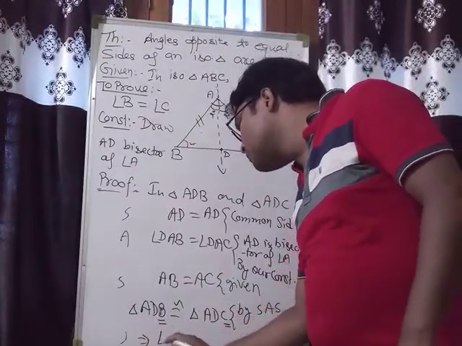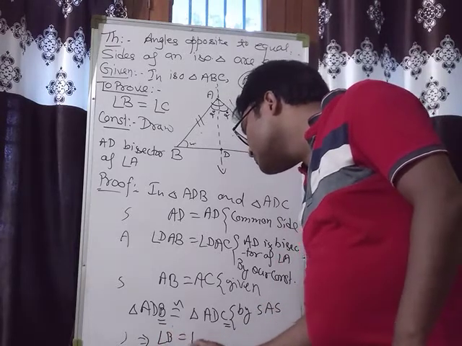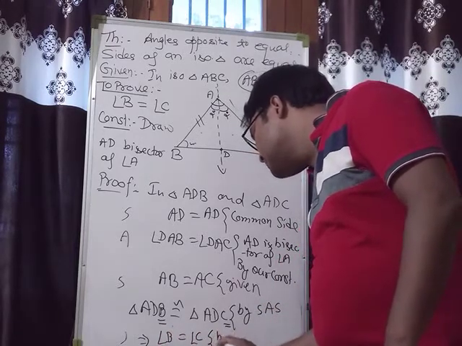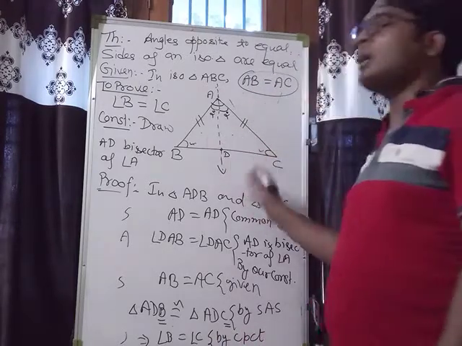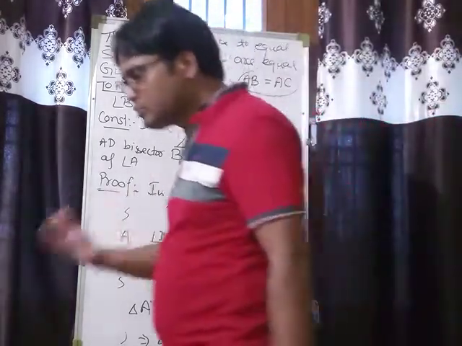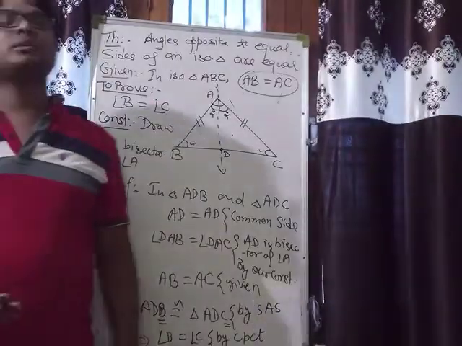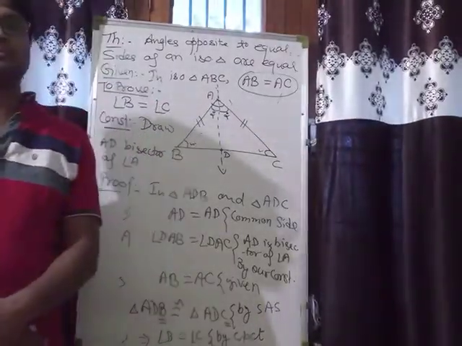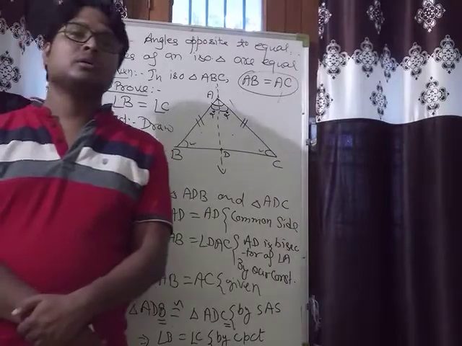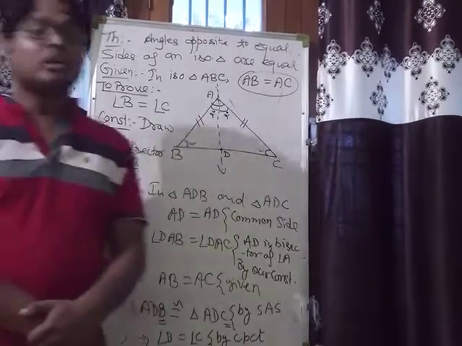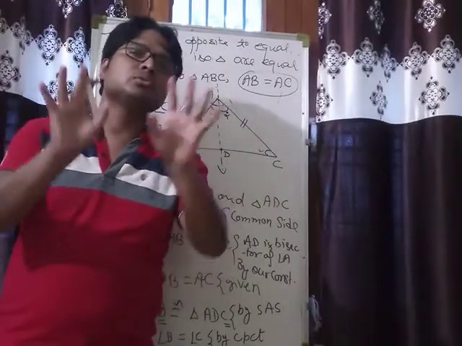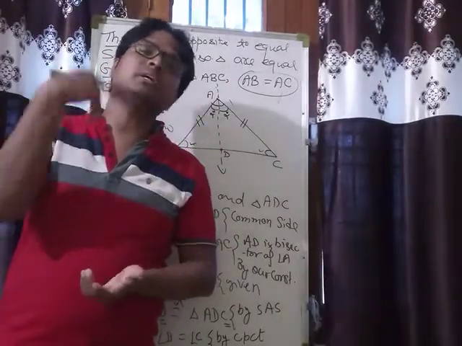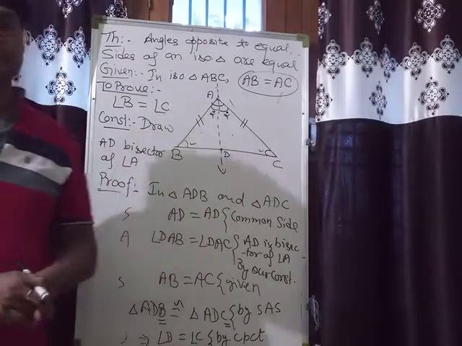Clearly angle B is equal to angle C by CPCT, because now these two triangles are congruent, and because two triangles are congruent, their corresponding parts will be equal. Got it? So from this theorem we conclude that in any isosceles triangle, angles opposite to equal sides must be equal.